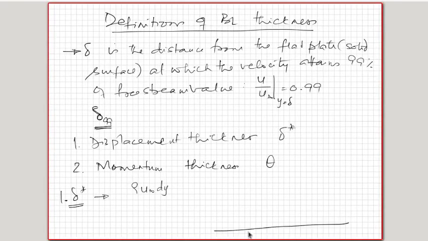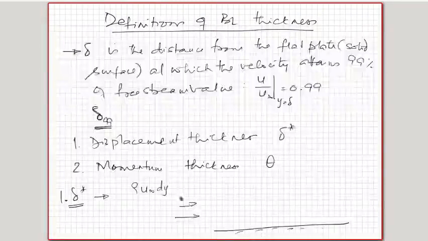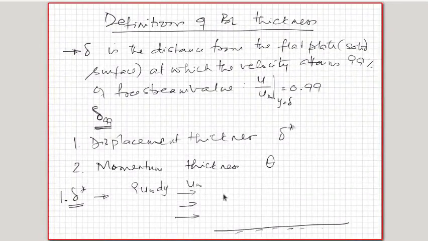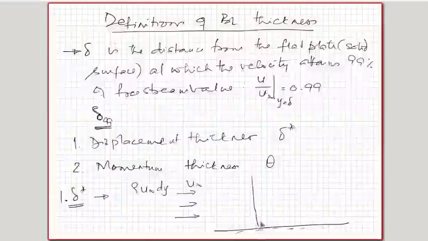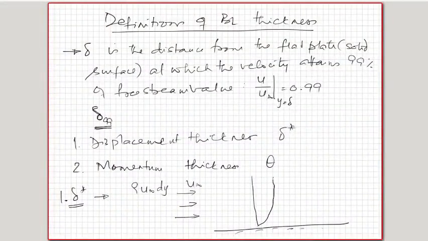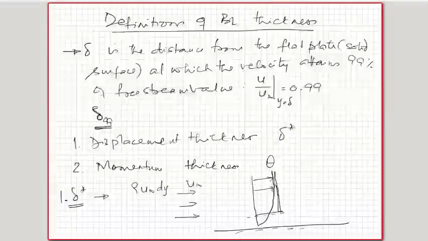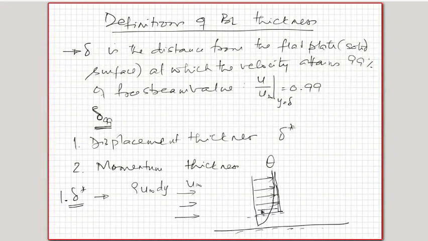Suppose this is my flat plate, and this is the free stream that is coming, which is at u infinity. Then there is a certain decrease in velocity as you approach the wall. So if I draw a line up to which u infinity prevailed, then the mass flow rate that is going through that region is the same as the mass flow rate that goes through the boundary layer.